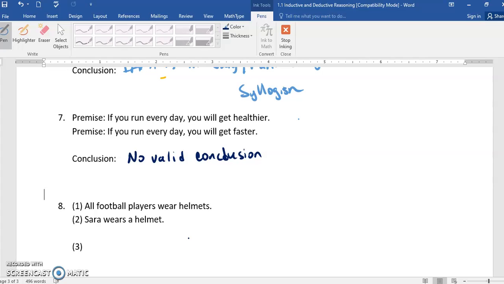One more. All football players wear helmets. Sarah wears a helmet. Is the valid conclusion going to be that Sarah is a football player? No. She could be wearing a helmet because she's riding her bike. She could be wearing a helmet for various reasons. There's lots of reasons. Again, no valid conclusion.